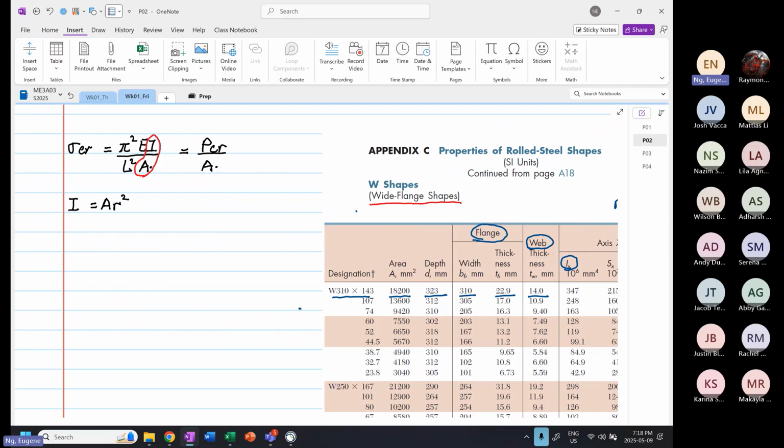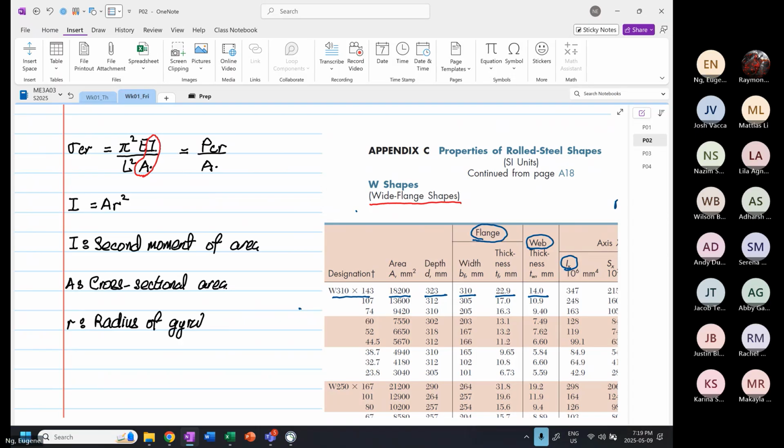As we already know, I is our second moment of area, A is our cross-sectional area, and R is defined as the radius of gyration. Knowing that this is meter to the power 4 over meters squared, the radius of gyration is in meters.